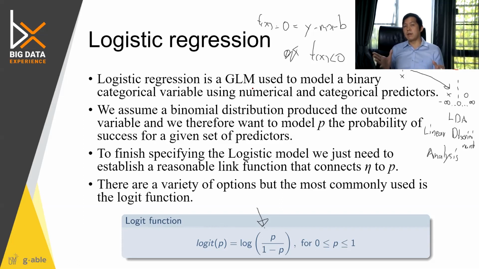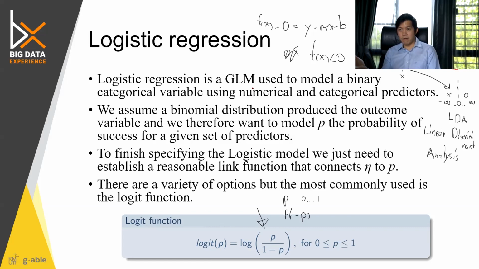Think about that. p itself would have the range of 0 to 1, right? And p divided by 1 minus p, what would be the range of this value? Think about if p is almost 0, then the value would be what?